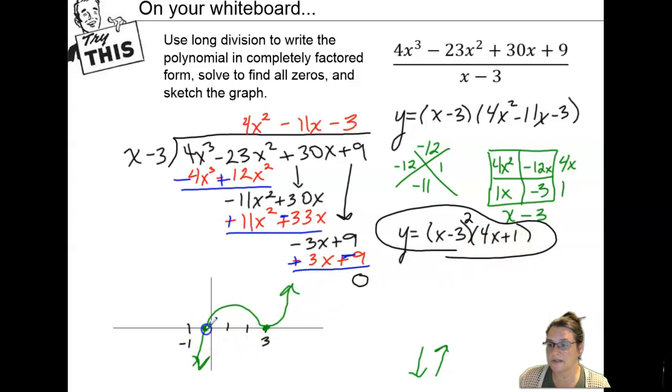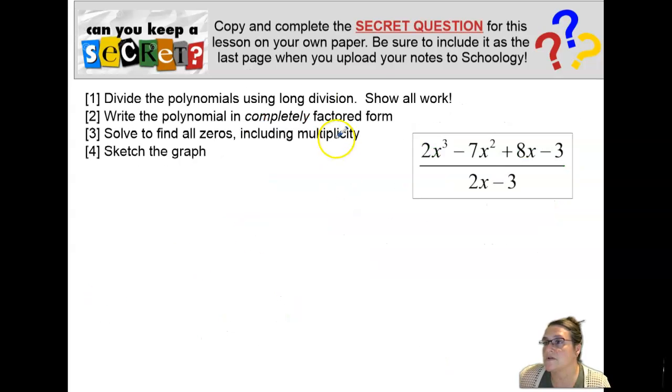That produces this 0 here at negative 1/4, another 0 at positive 3. It's crossing at negative 1/4 and bouncing at positive 3 because of that multiplicity 2. And then again, my end behavior I figured out from the leading coefficient test, where my degree was odd and leading coefficient was positive.